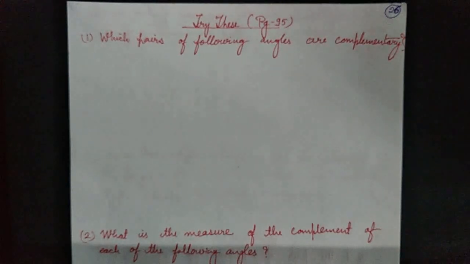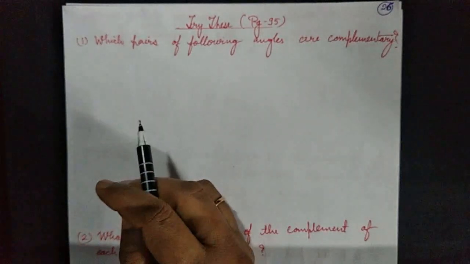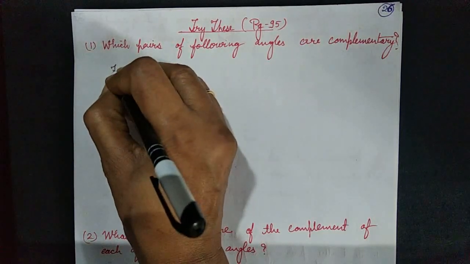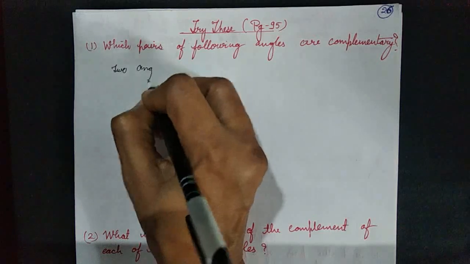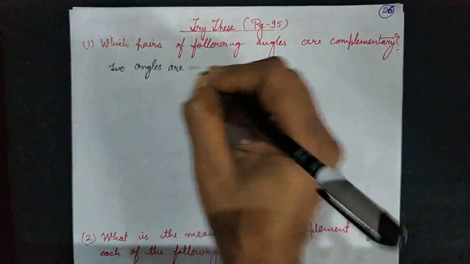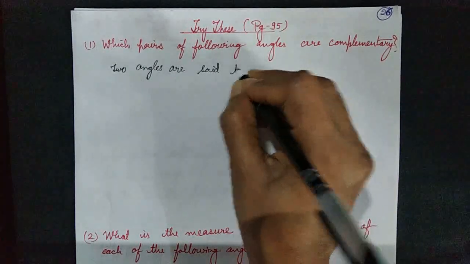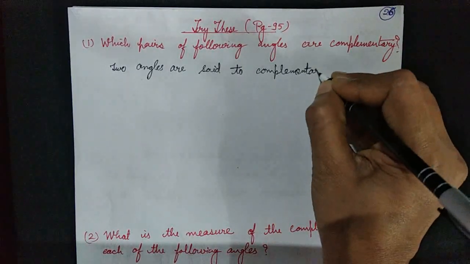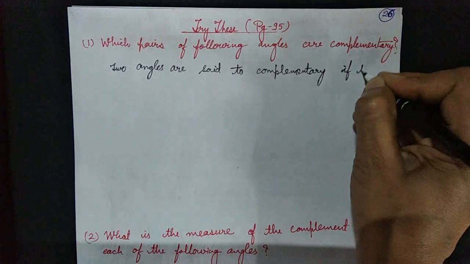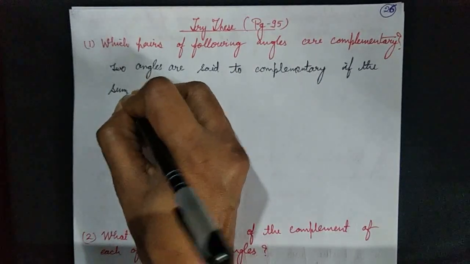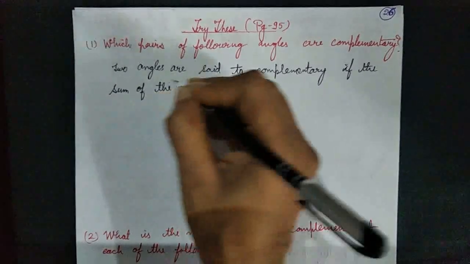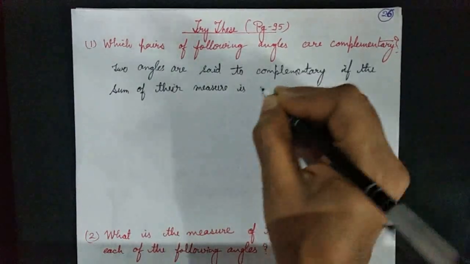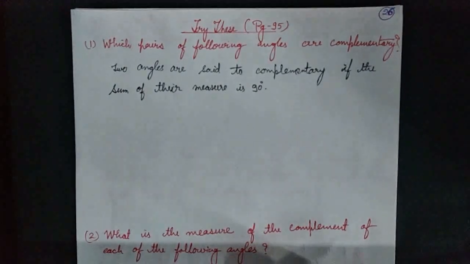But before solving all the parts, we will write: two angles are said to be complementary if the sum of their measure is 90 degree. Now we will see the first part.